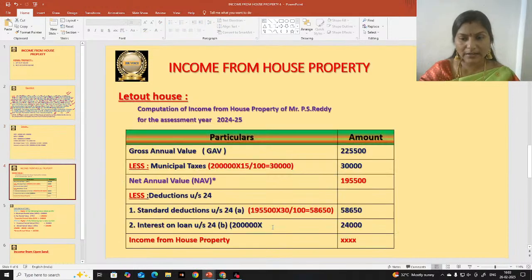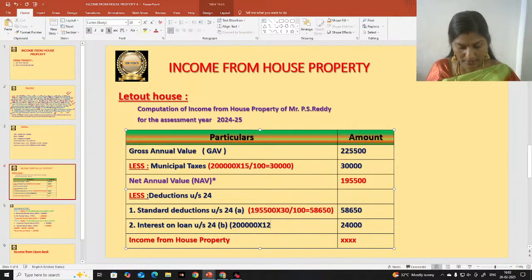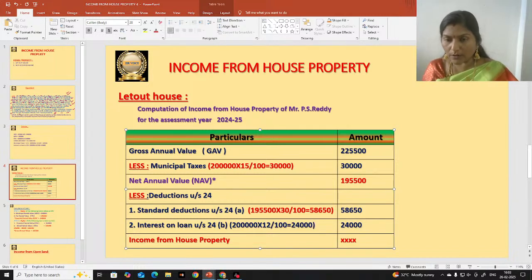So we can calculate 12% here. 12 by 100. So how much are we getting here? If we calculate, we are getting 24,000. 2 lakhs into 12 by 100, 24,000. Okay, 24,000 is the interest on loan. Okay, so we recorded already in the amount column. So this is how we have to do interest on loan calculation, and we should give as deduction.